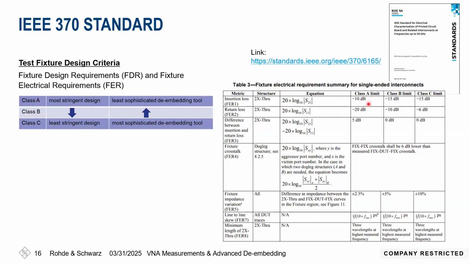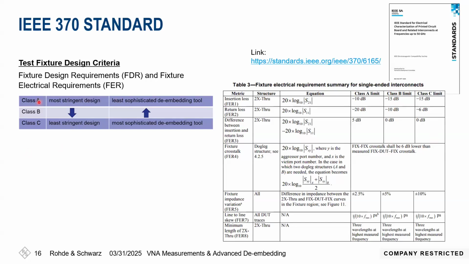For example, you can see over here, for class A, the design requirements are very strict. And as we go further into the classes, for example class B or class C, there are relaxed design requirements for the coupons.